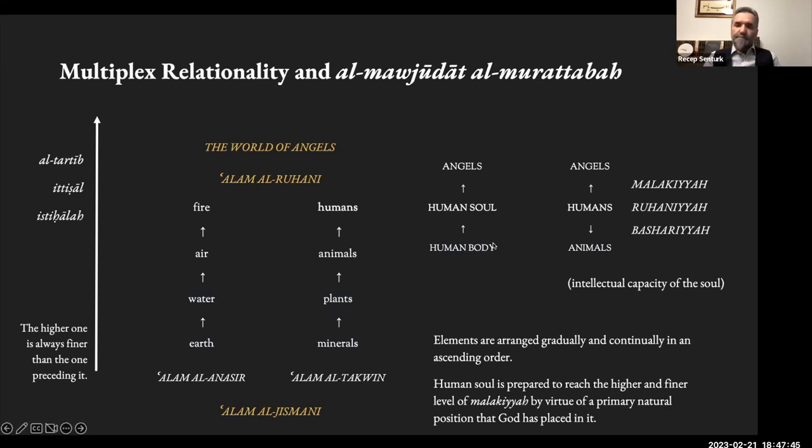And in the same way, among living beings, there is the human body, human soul, and the angels. And you have animals, humans, and angels. So there is Malakiya, Ruhaniya, and Bashariya. You see this multiplex perspective always manifest in his writings. Elements are arranged gradually and continue in an ascending order.